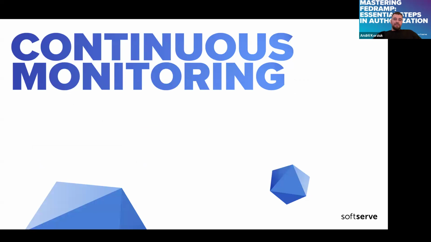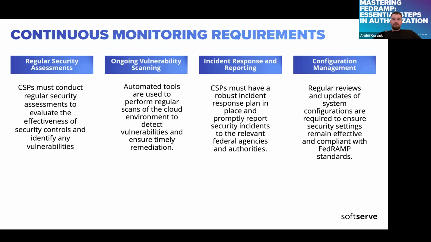Yeah, and we are moving actually to the continuous monitoring section, and I want to highlight the main steps that you need to do once you have already received FedRAMP authorized status. Getting FedRAMP authorized status is only half of the path.